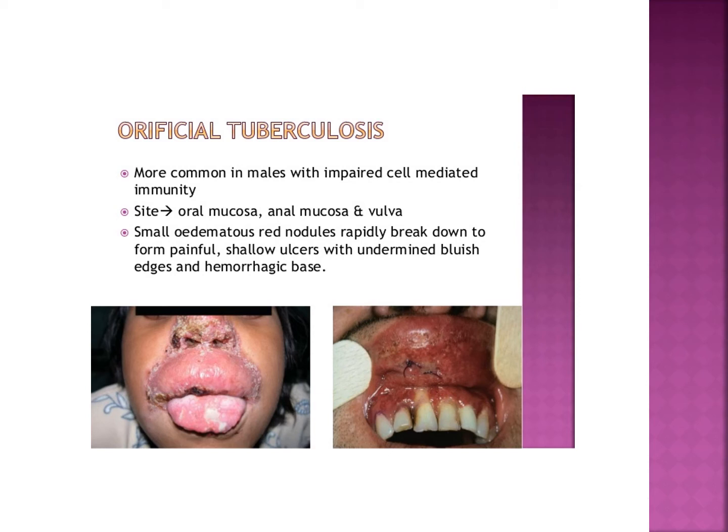If you examine the ulcer, you will see an ulcerated base with undermined edges and bluish margins, and the base is hemorrhagic and granulomatous. So it's also a type of inoculation tuberculosis.